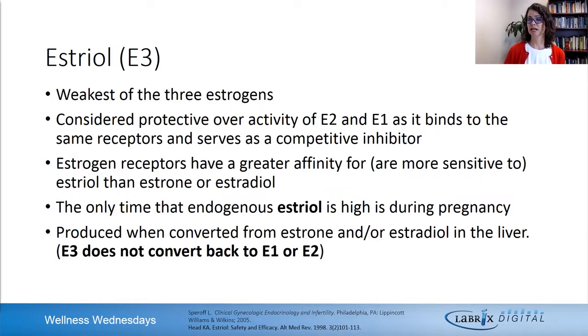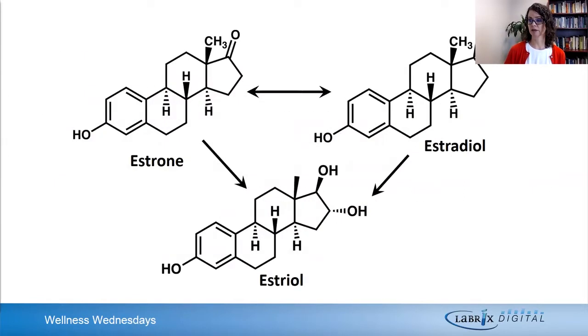The only time that endogenous estriol is high is during pregnancy. It's produced when it's converted in the liver from estrone and or estradiol. And it's important to know that E3 does not convert back into estrone or estradiol, and we'll see that coming up.